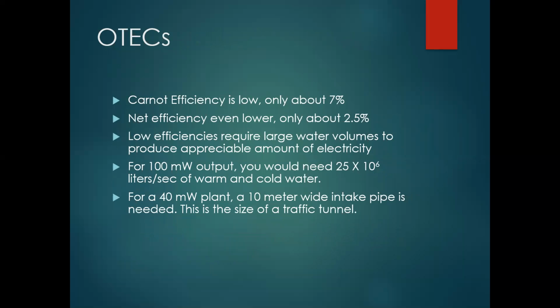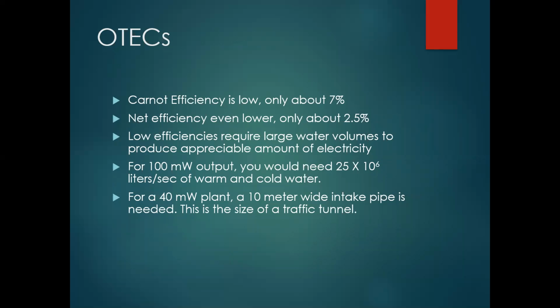In OTEC, we depend mainly on the concept of the Carnot cycle, and the Carnot efficiency is very low. It's about 7%. And even when we put it into practice, the efficiency goes lower, to about 2.5%.